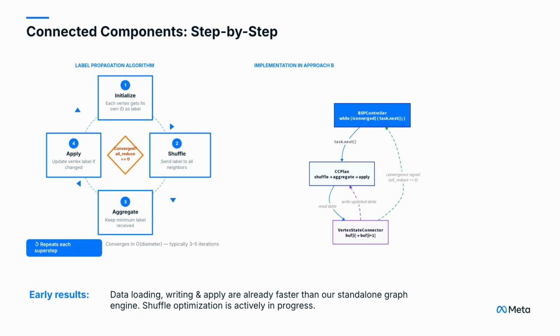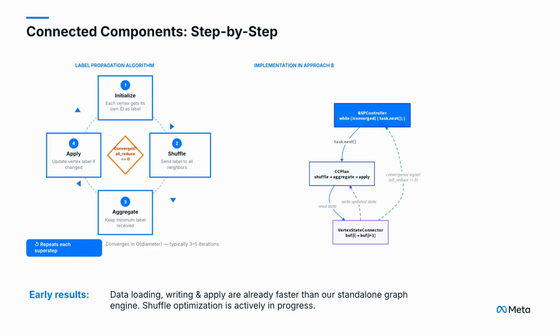It's converged. On the right side, we demonstrate how this algorithm is implemented with architecture B, the choice B we considered previously. We added a few classes here. The CC plan compiles one Velox plan that covers shuffle, aggregation, and apply.